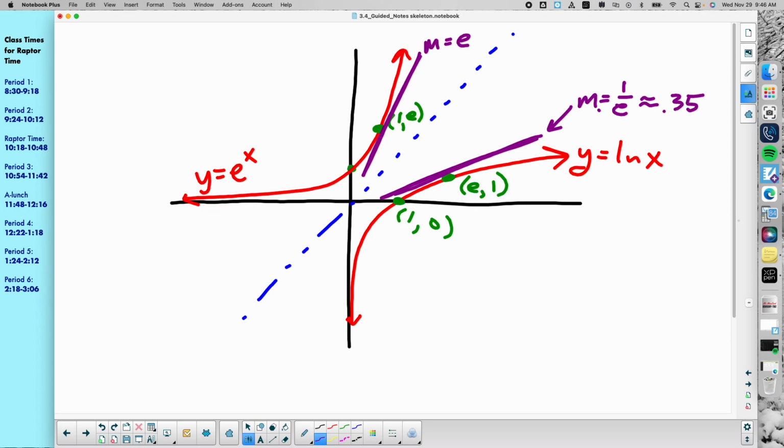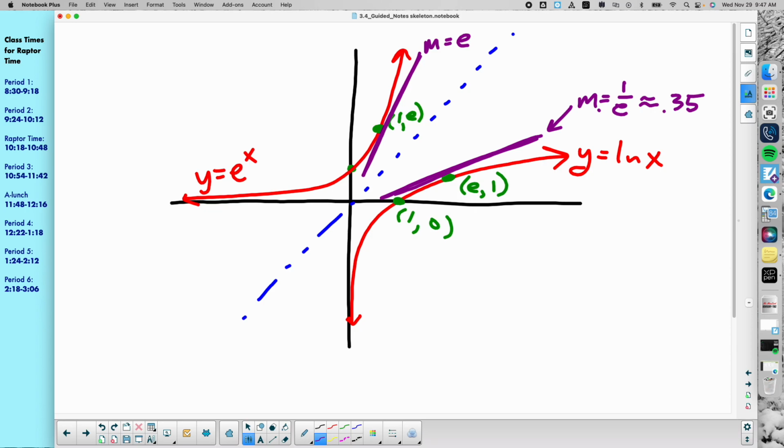When you guys first learned slope, the formula was y2 minus y1 over x2 minus x1. And the whole point of inverse is that you switch the x's and y's. So you're literally just flipping the x's and y's. And so the slope should just be upside down.